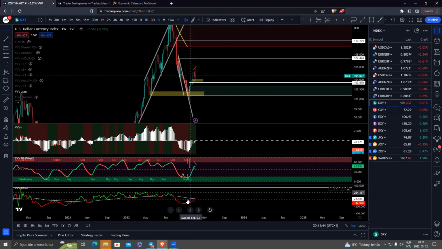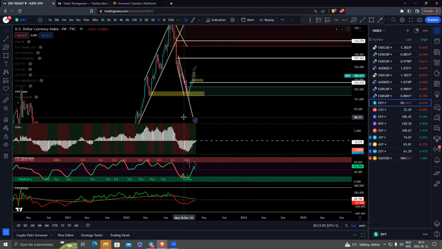Also, the same thing on the REMA. This is getting closer, and we are still above the zero line. Okay, this is also an important thing on the REMA: if we are above the zero line, we are waiting for a green cross and not a red continuation. So be careful with the DXY for next week, because like I said, the news was positive, but of course in the background something happened.